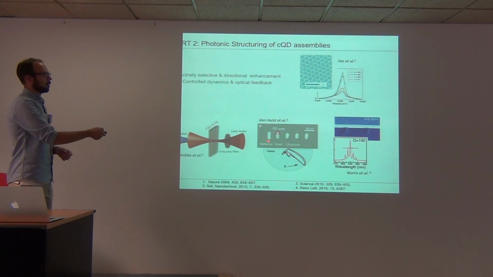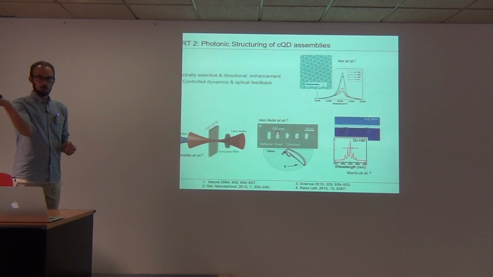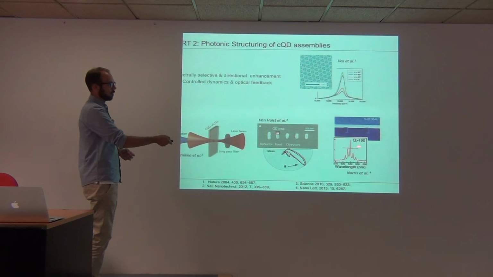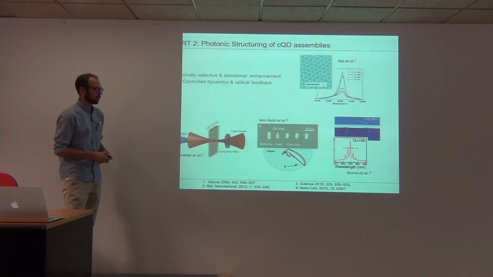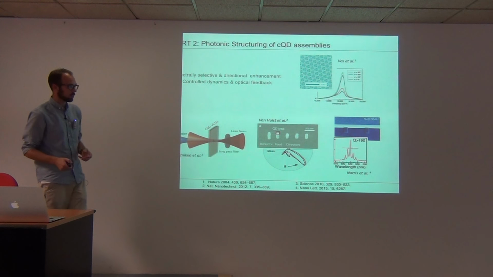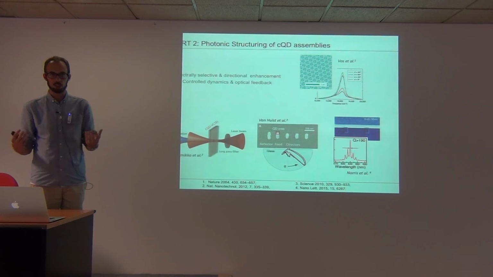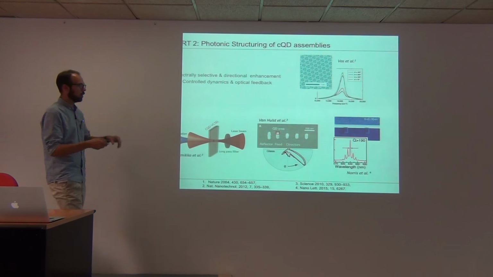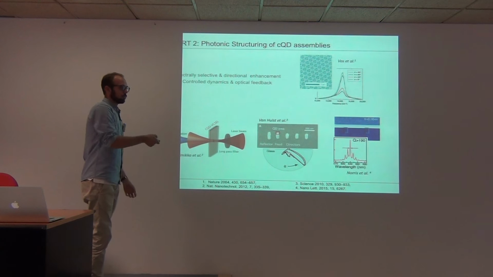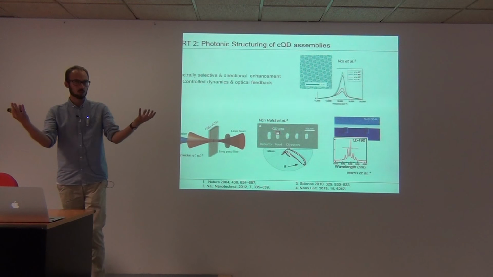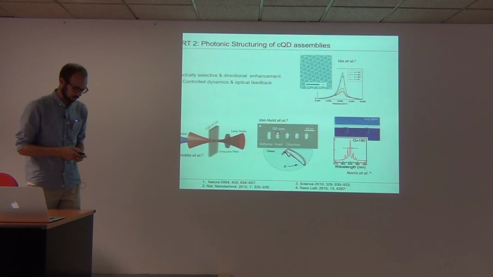There are Yagi-Uda antennas to directionally couple the light out of these quantum dots, and plasmonics, also plasmonic cavities, to change the spectral shape, the dynamics and the directionality. So there are a lot of strategies available to couple your quantum dot to an external structure and control the directionality of outcoupling.